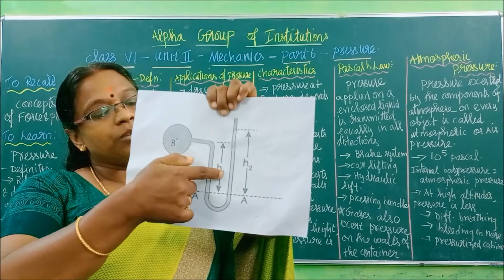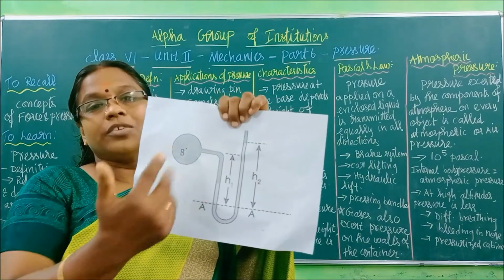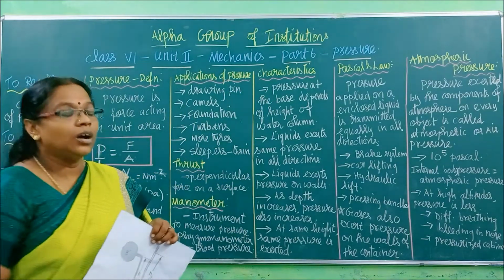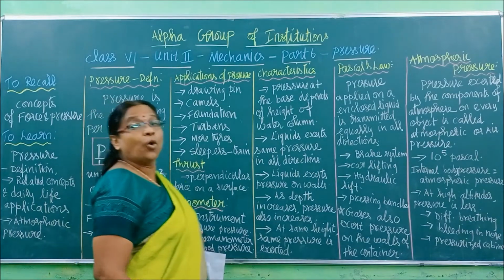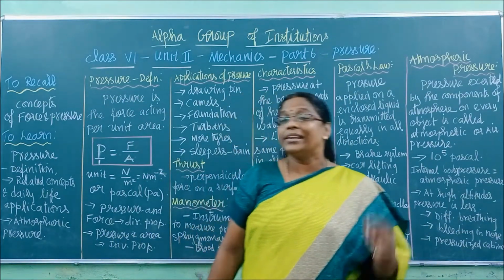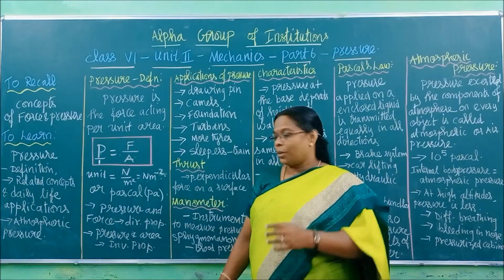The difference between H2 minus H1 or H1 minus H2, whichever is greater or smaller, that difference will give you the value of pressure. Okay children, so what instrument is that? It is the manometer. The manometer will measure the pressure.